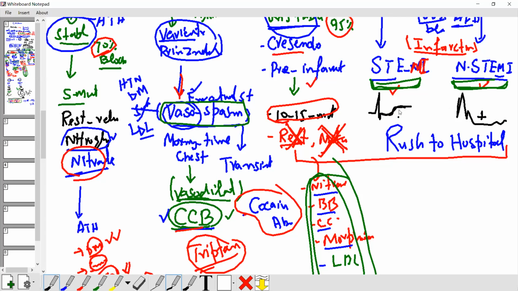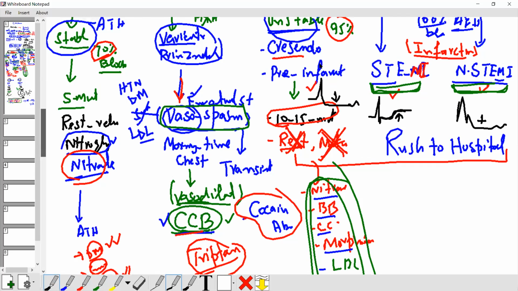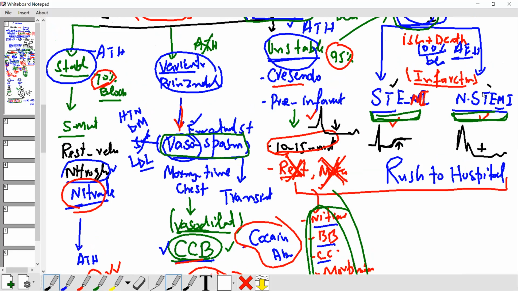What happened in unstable angina? The ECG of unstable angina still shows ST segment depression, still below the line. Now tell me which is more similar to unstable angina, STEMI or non-STEMI? From the ECG, all features are the same. Unstable angina is quite similar to non-STEMI. Understand?